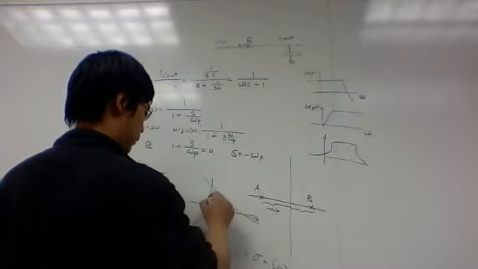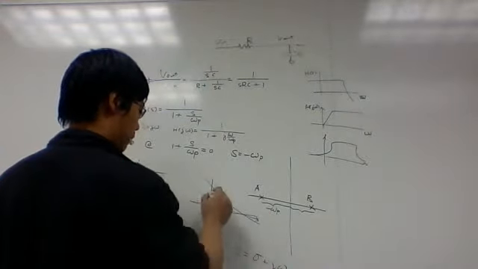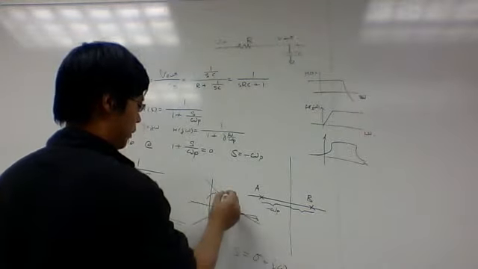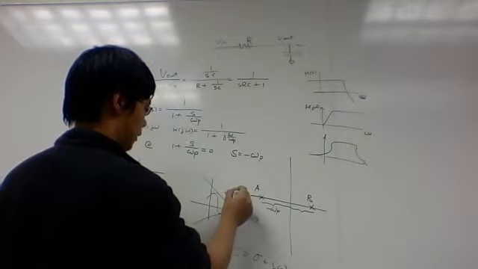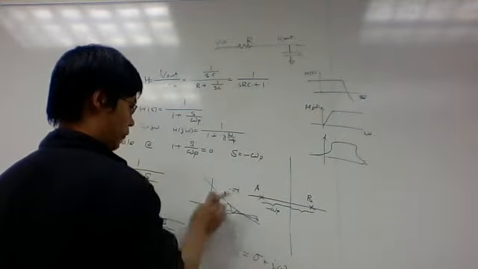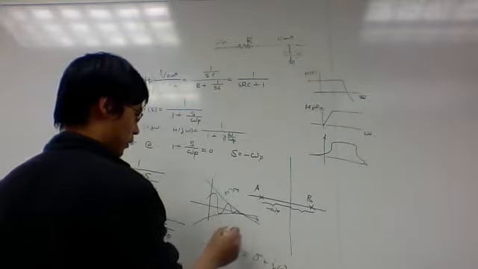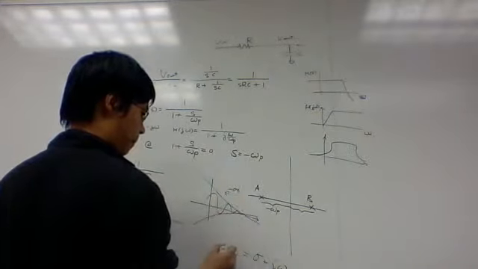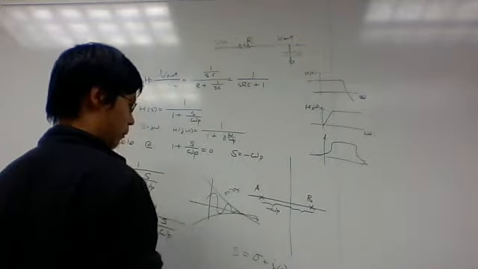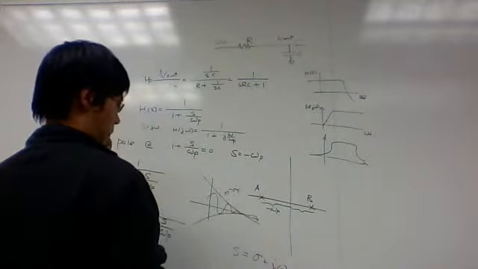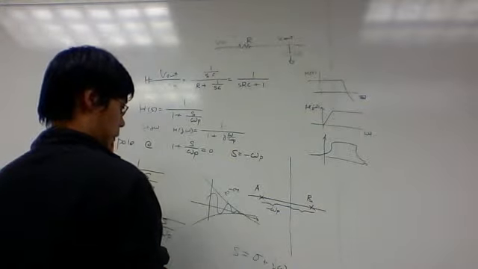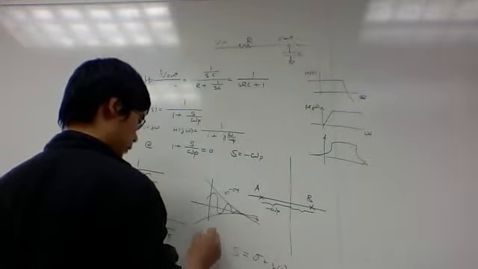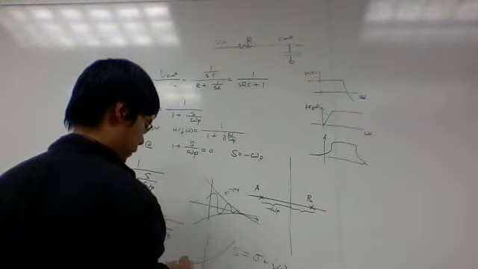If you get some input pulse, then your response will be something damped, and this slope is defined by e to the minus sigma t, right? So if the real part is negative. If not, then you have an amplified result, right?